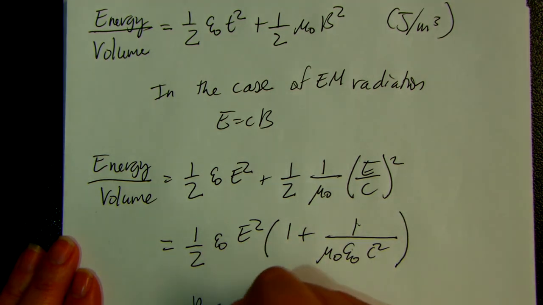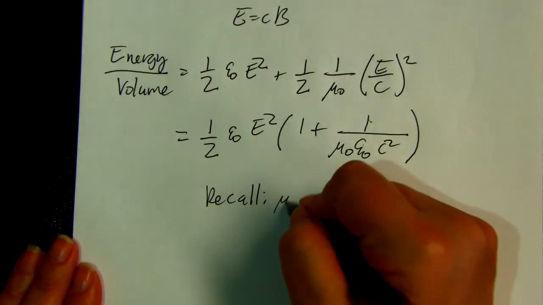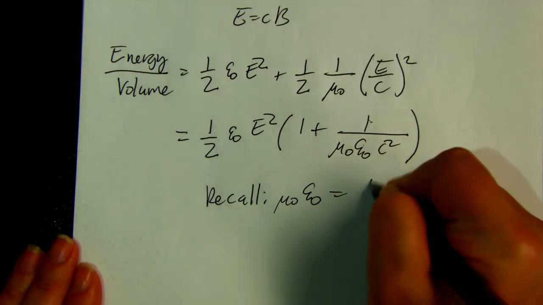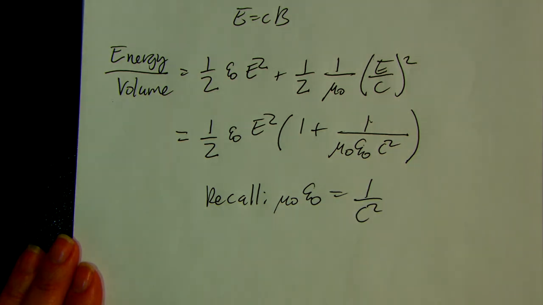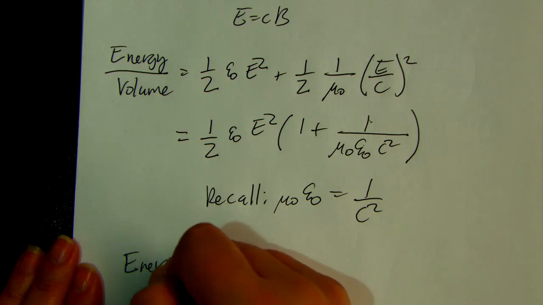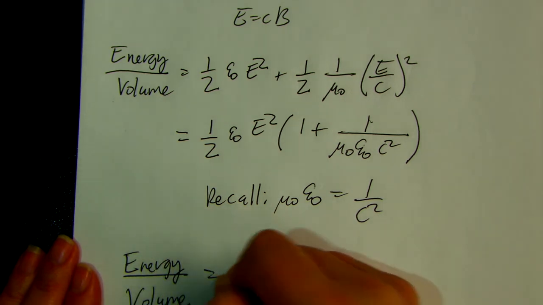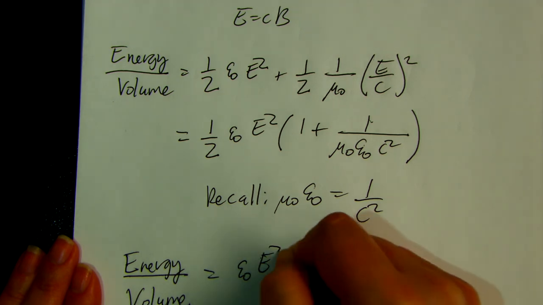And if you recall, mu naught epsilon naught is equal to 1 over C squared. So energy per unit volume is equal to epsilon naught E squared.